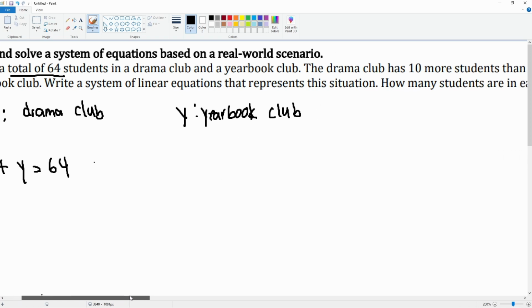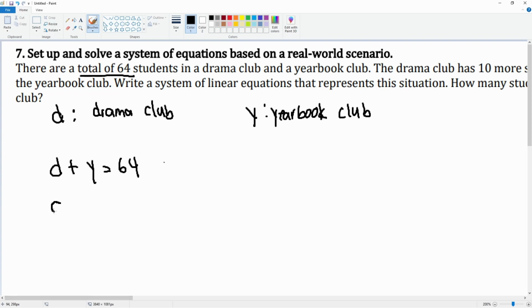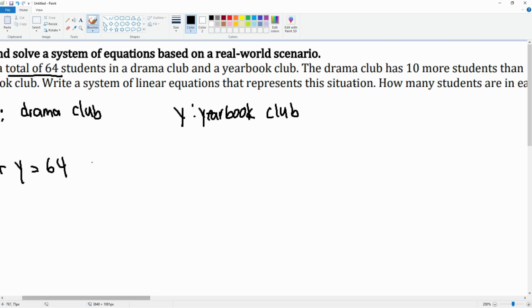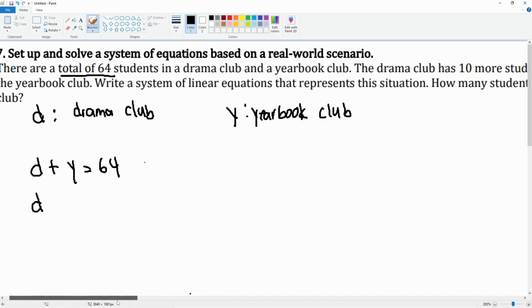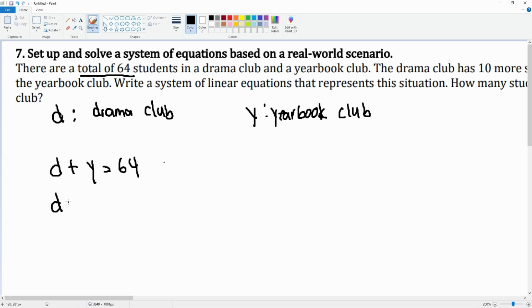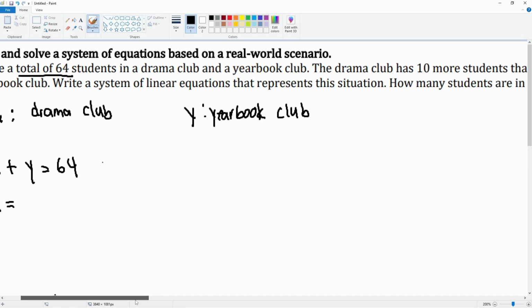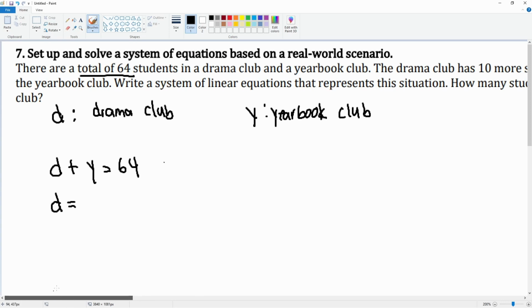Then the second equation: the drama club has 10 more students than the yearbook club. The word more means plus.